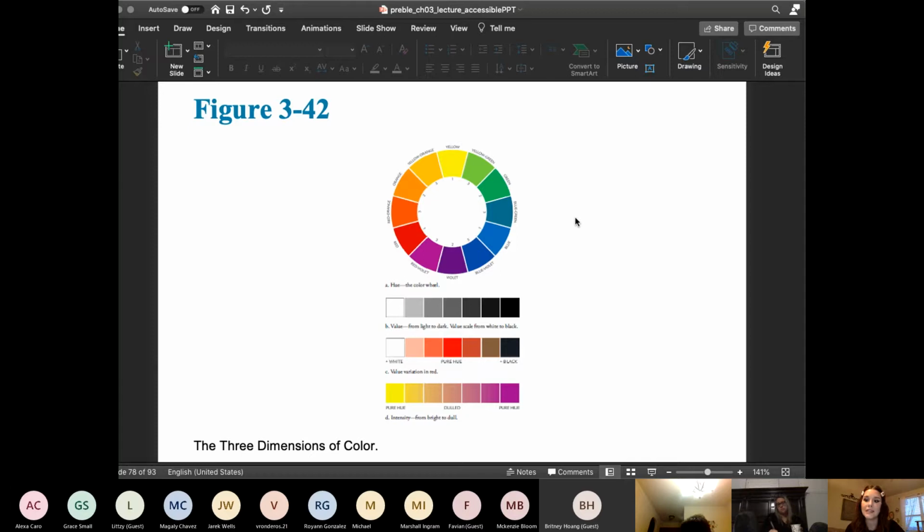They have less mass and less weight, so they come forward. And that'll be particularly important when we start studying more contemporary abstract art. So your warm tones push forward, they have less weight and mass. Your cool tones recede, and they have more mass and more weight. That'll also be important when we get to asymmetrical balance today.